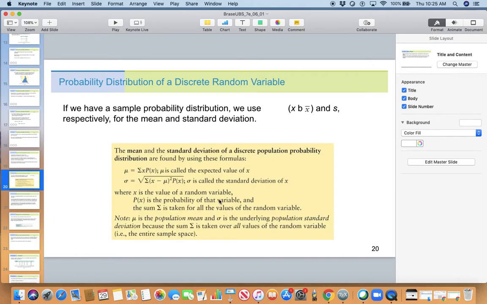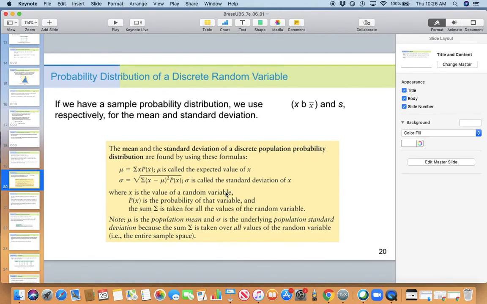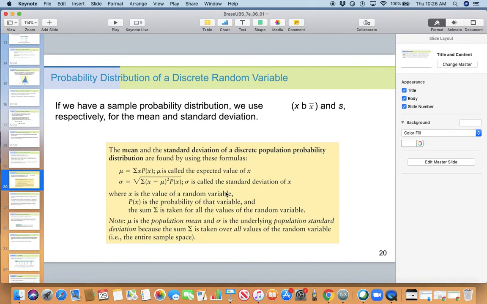Okay, so here are the mean and standard deviation formulas for a probability distribution. The mean and standard deviation of a discrete population probability distribution. So we are looking at the discrete case. Mu is the summation of x times p(x). Mu is called the expected value.